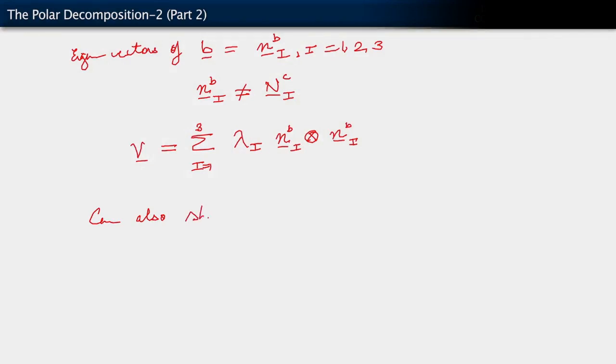One can also show R is the sum over i equals 1, 2, 3 of little n i, each eigenvector of B, tensor the corresponding eigenvector of C. That's sometimes a useful result. Okay, we're going to stop here for this segment, and we're sort of done with our study of the polar decomposition at this point.